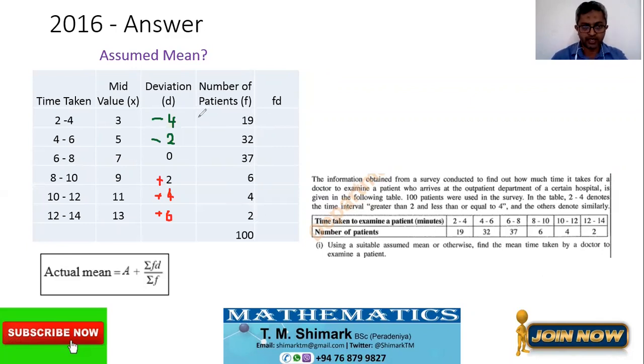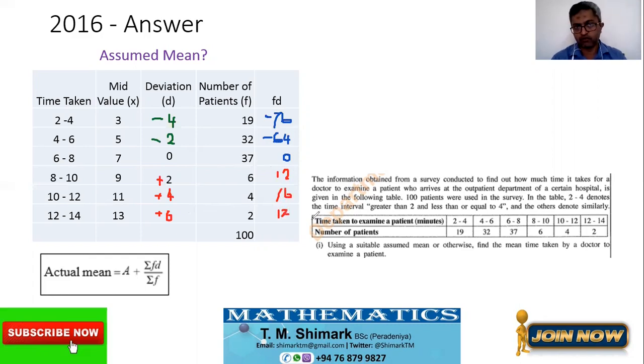F here is 19 into minus 4, which is minus 76, then minus 64 here. Here it's going to be 0. 2 into 6 is going to be 12, and 16 here, and then 6 into 2 is 12.